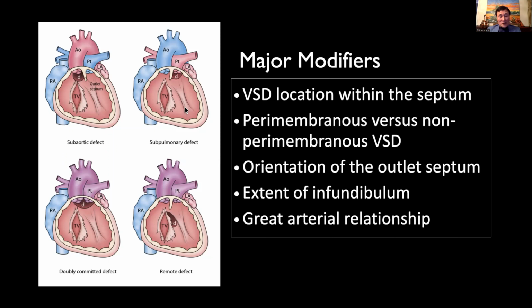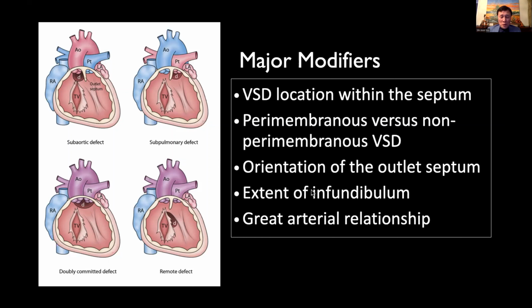The second is perimembranous versus non-perimembranous. As a surgeon, you really don't want to cause AV block after the surgery, so you need to understand the conduction tissue pathway, and perimembranous versus non-perimembranous is important. Okay? Then the orientation of the outlet septum, as I have already discussed a little bit.